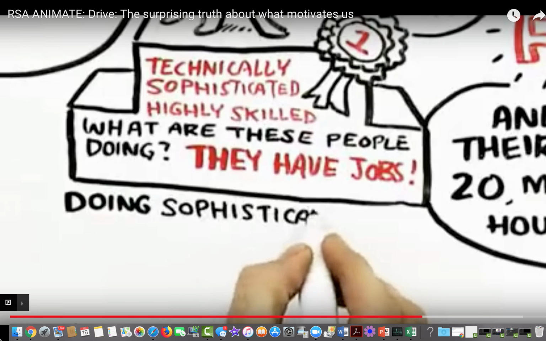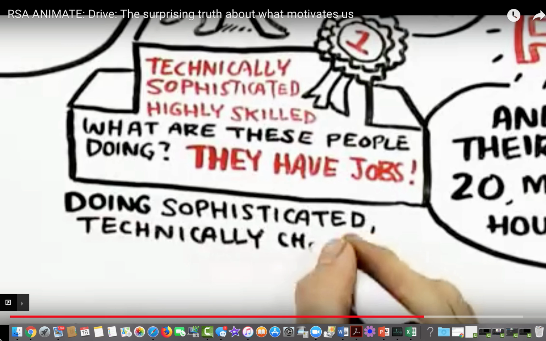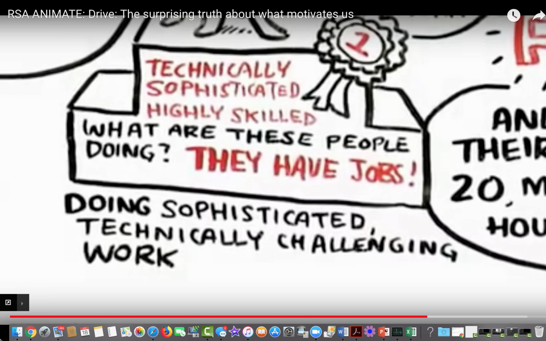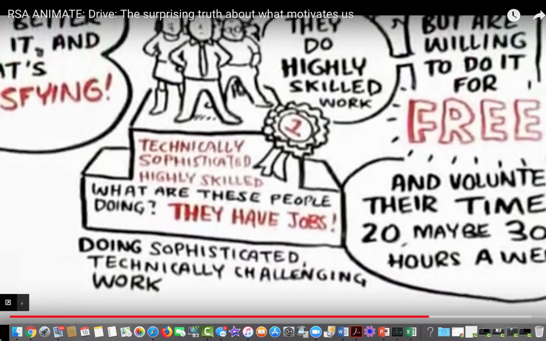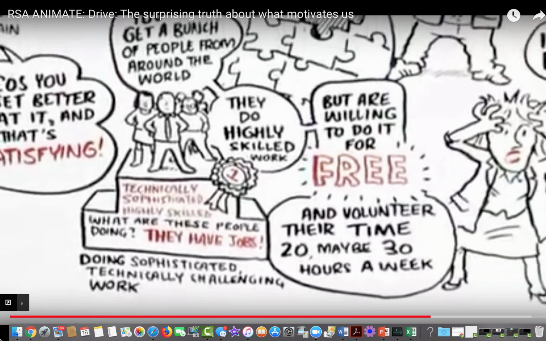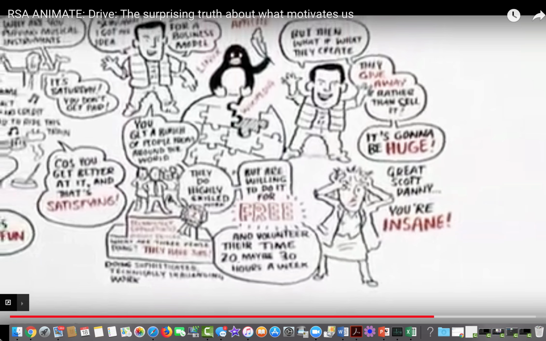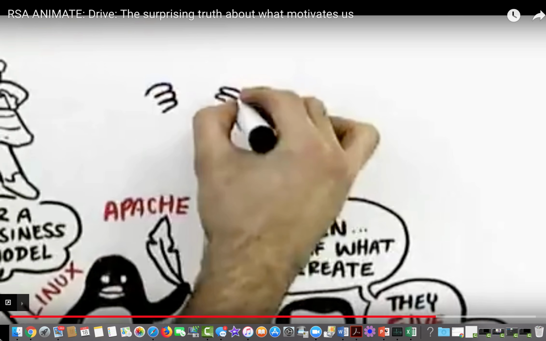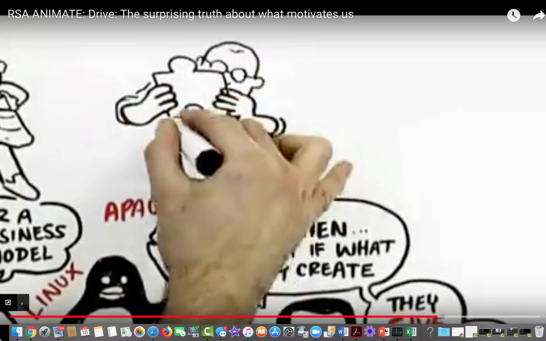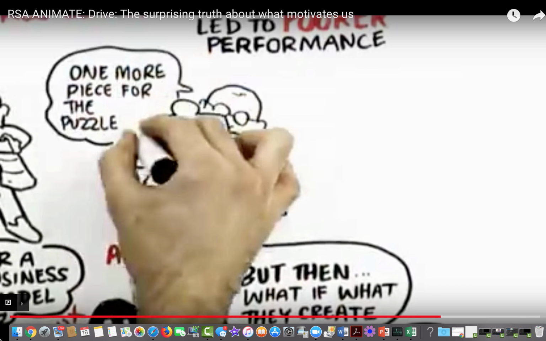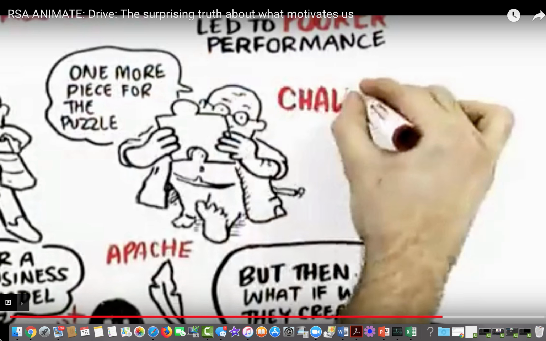They're working at jobs for pay, doing sophisticated technological work. And yet, during their limited discretionary time, they do equally, if not more, technically sophisticated work, not for their employer, but for someone else for free. That's a strange economic behavior. Economists who look into it, why are they doing this? It's overwhelmingly clear. Challenge and mastery, along with making a contribution.